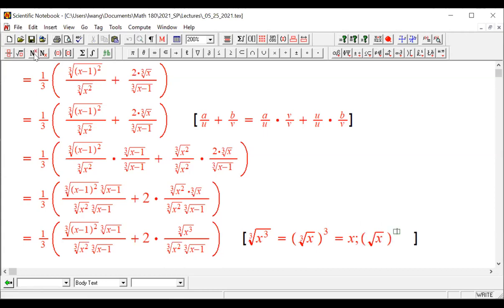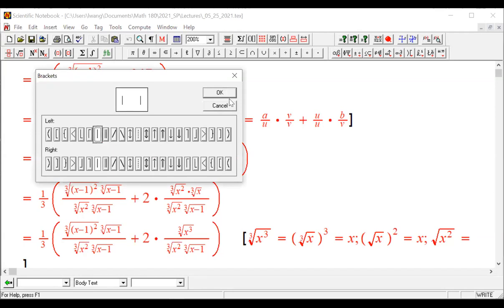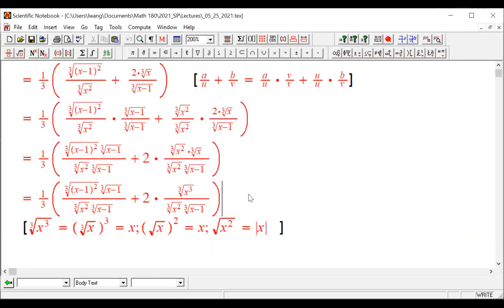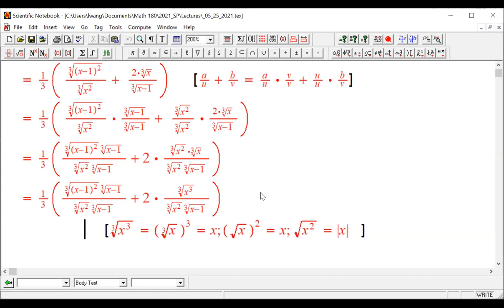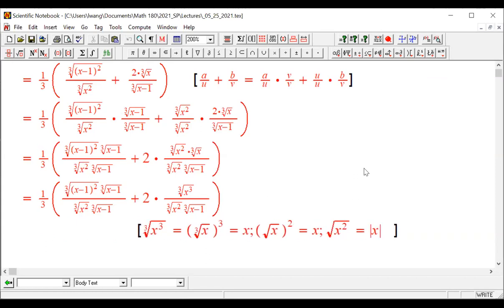Do you guys understand? We address these issues, right? That equals x, but root of x squared equals the absolute value of x. This is always true. If you have any doubt, any questions, I can go over it.